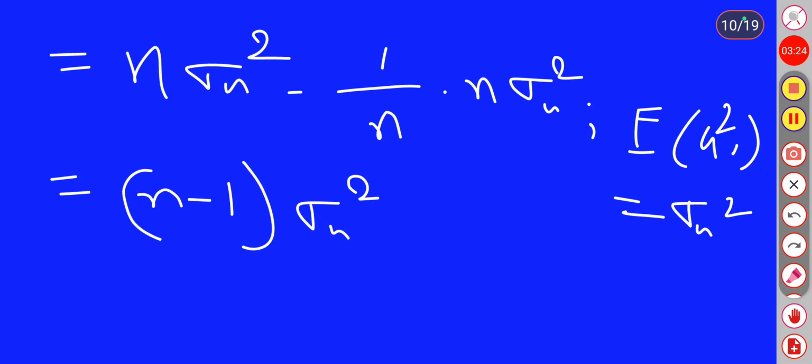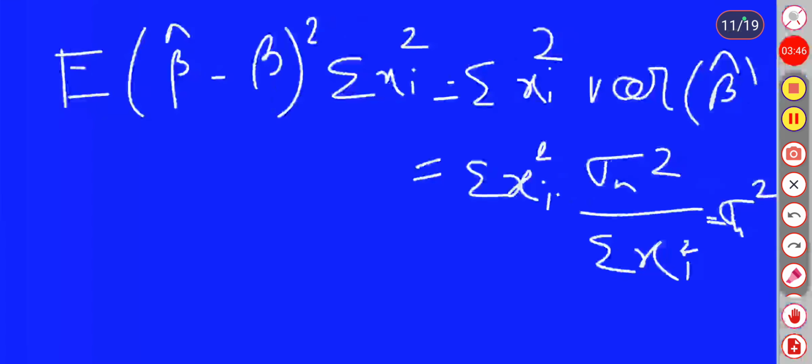Finally we are getting n into sigma u square minus 1 by n into n sigma u square, and taking sigma u square common, the value is (n minus 1) sigma u square.